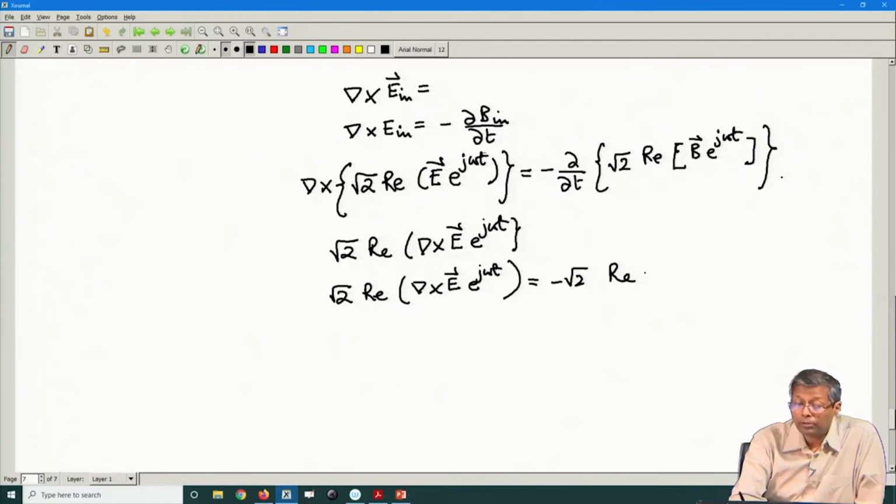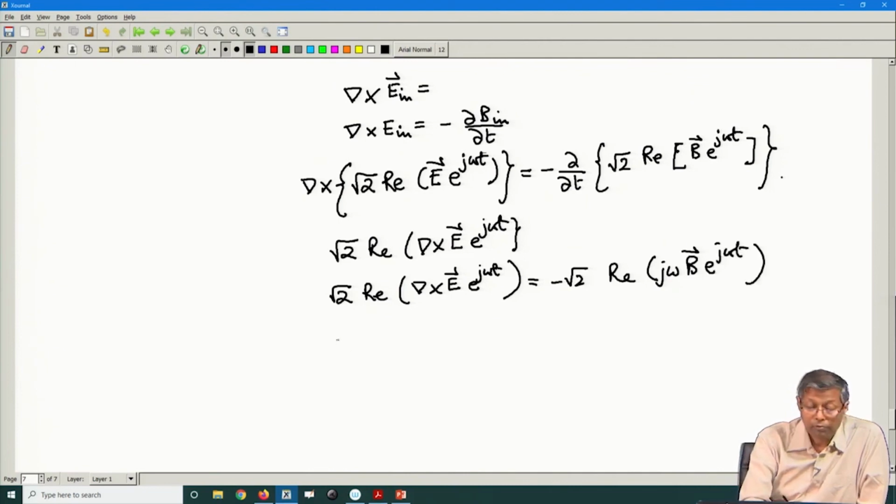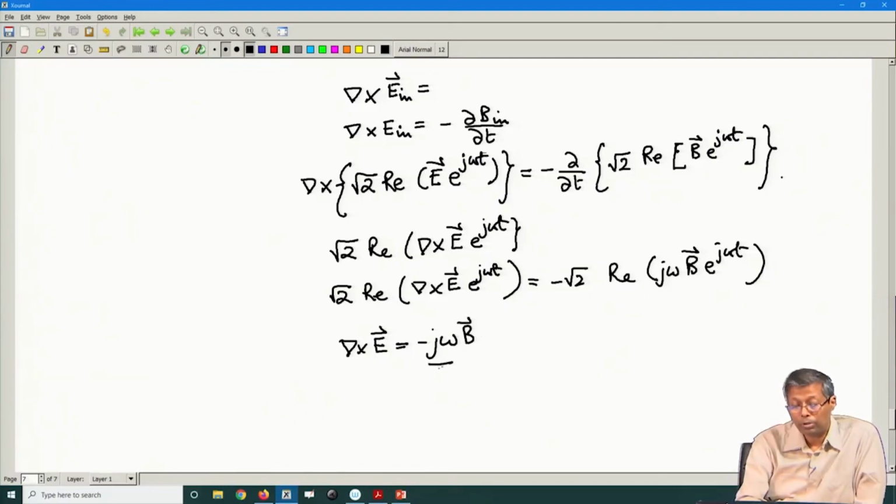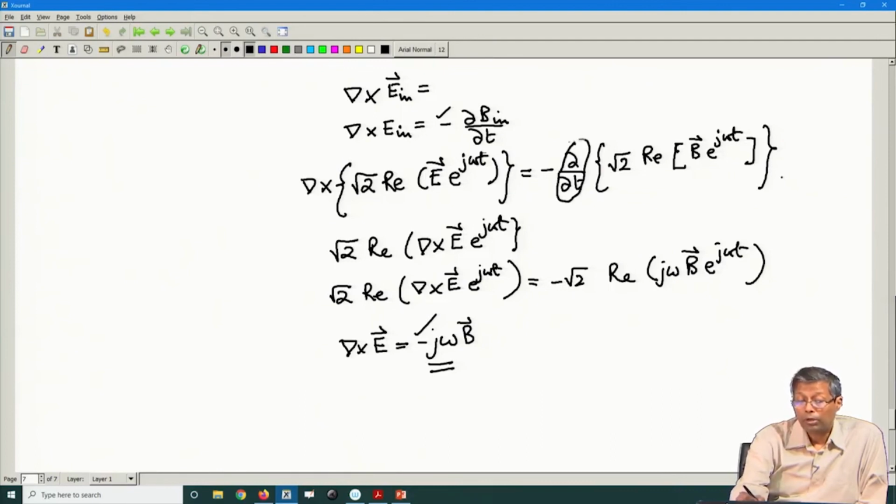Because of the del t operation, we pull the j omega term out, say j omega B e to the power j omega t. Therefore, curl of E becomes equal to minus j omega B. So, it simply pulls the j omega term out; because of the minus sign, this stays as minus, and because of the del t operation we get the j omega term here.